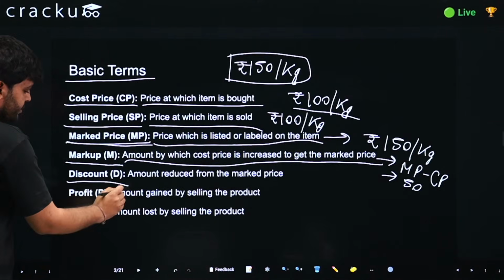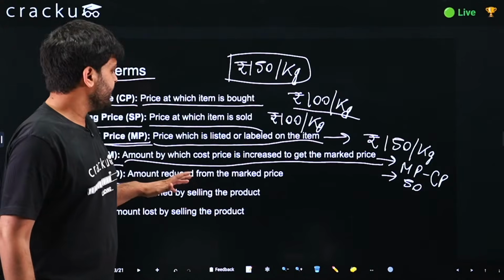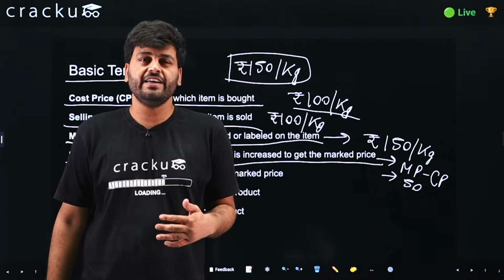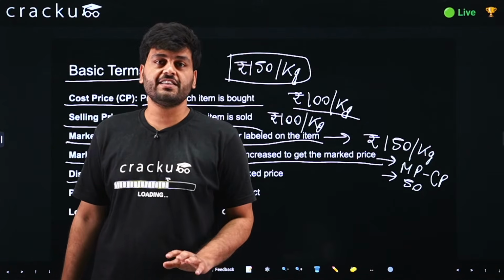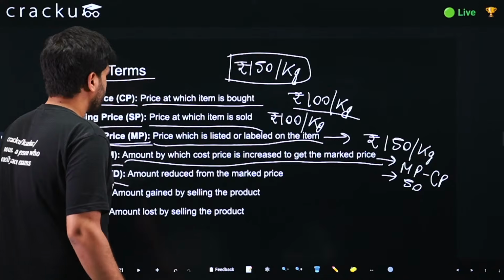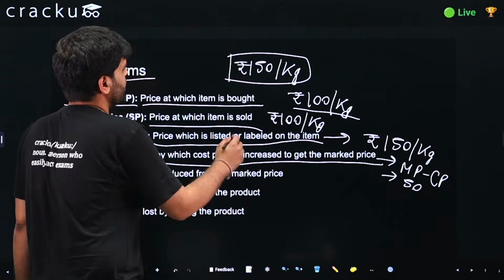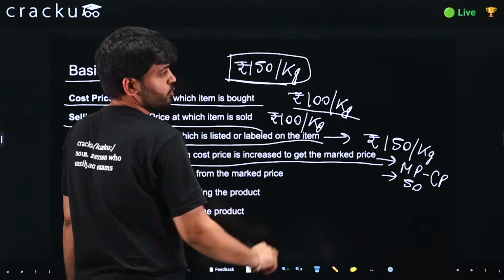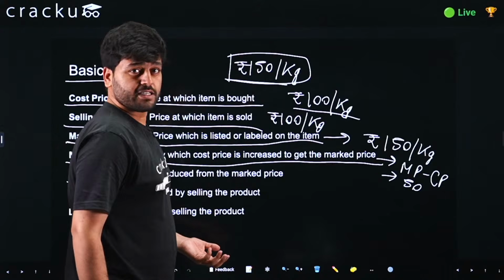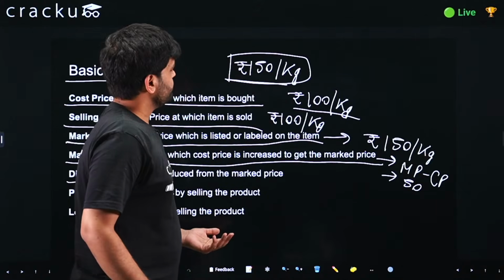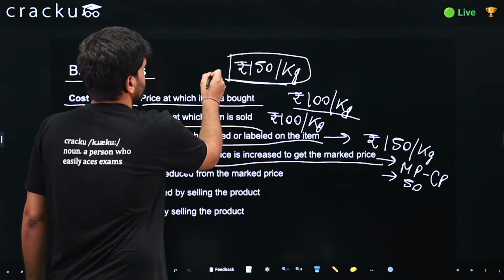Now discount. The price at which any item is labeled, generally it is MRP. It is not necessary that it will be sold at the same price. So for example, in our condition, my labeled price or marked price was 150 per kg for the mangoes. Now it can happen that I give 15 rupees discount to my friend.